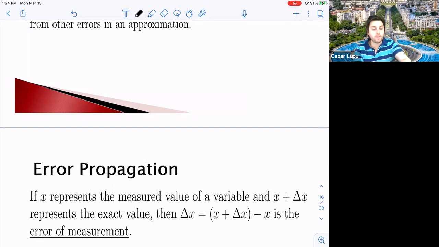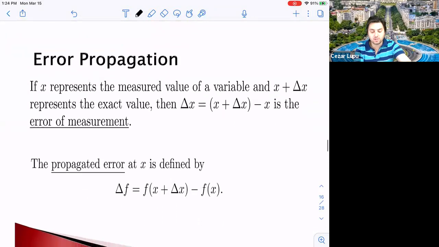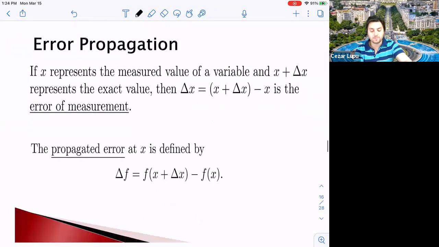And now the propagated error of x will be nothing else than just delta f, right? If we have delta x to be the error of measurement, then the propagated error at x is defined as delta f, which is, as you can imagine, f of x plus delta x minus f of x, right?